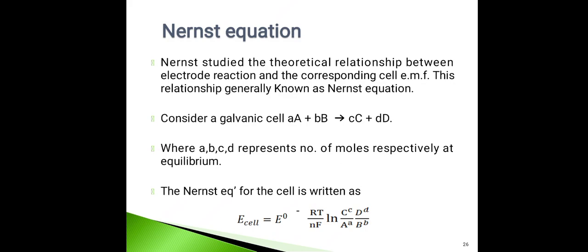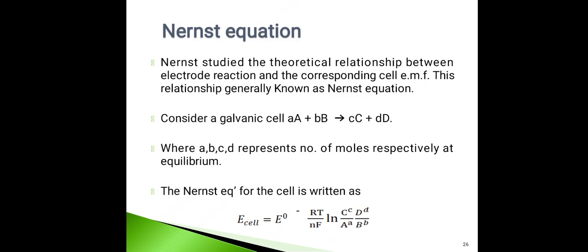Consider a chemical reaction of a molecules of A reacting with b molecules of B, giving rise to the products c molecules of C plus the byproduct d molecules of D. Here the small letters a, b, c and d represent the number of moles of the reactants and the products, at equilibrium.